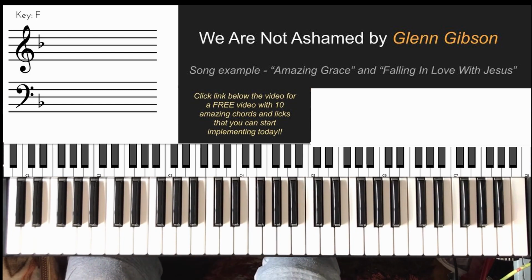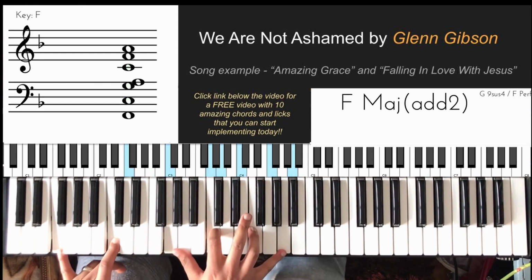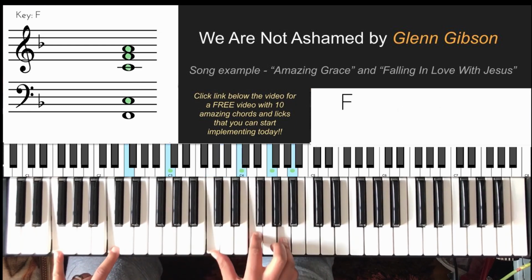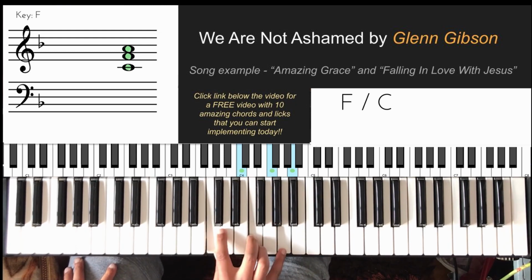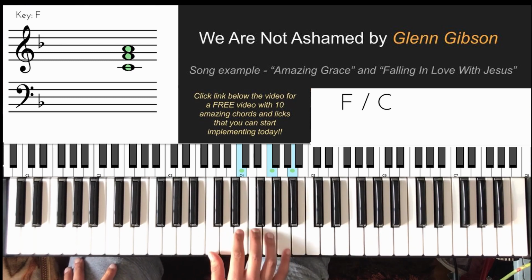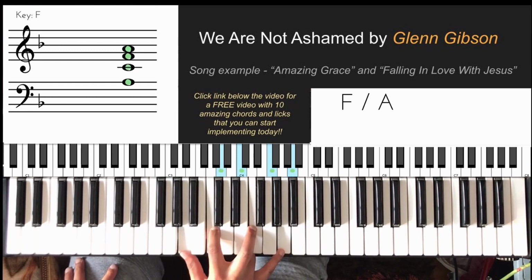Okay, so over the 1 in the key of F, this is the chord we have. This is the chord most of you will know. The first thing is you play an octave of this 3. Whatever your 3 is, in this case it's A, play an octave of that.